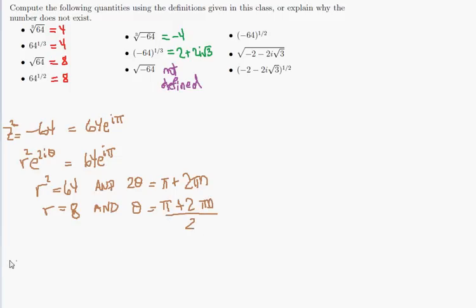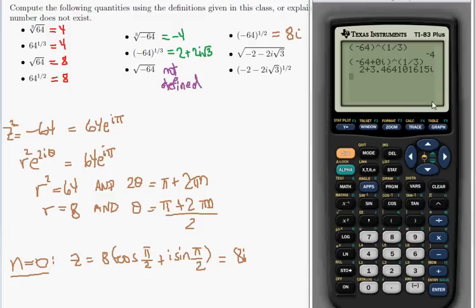So the n equals 0 case provides the answer to what it is when I raise to the 1/2. So z is equal to 8 times cosine pi over 2 plus i sine pi over 2, which works out to be 8i. And so negative 64 to the 1/2 is defined to be 8i, even though the square root of negative 64 is undefined.